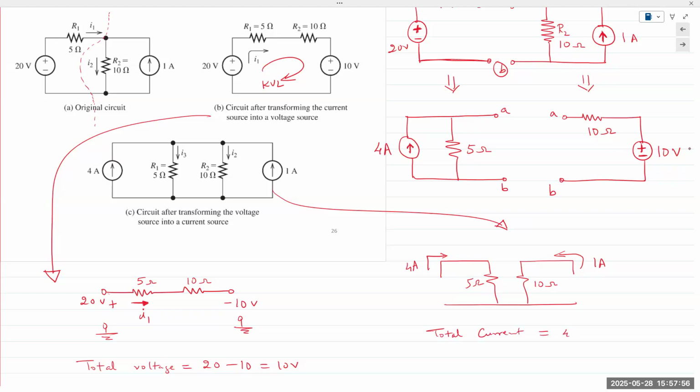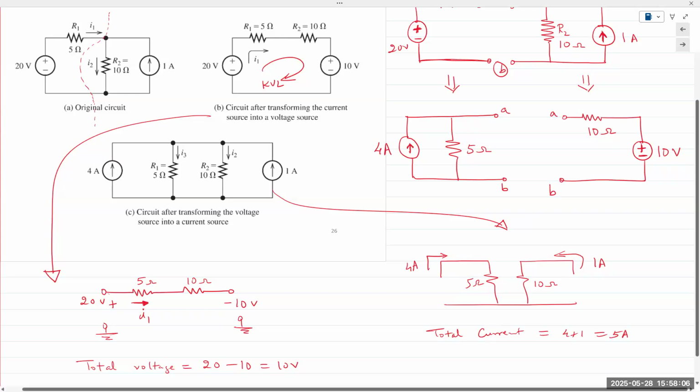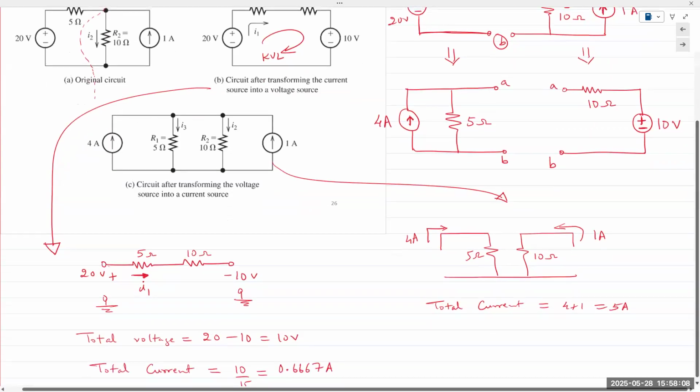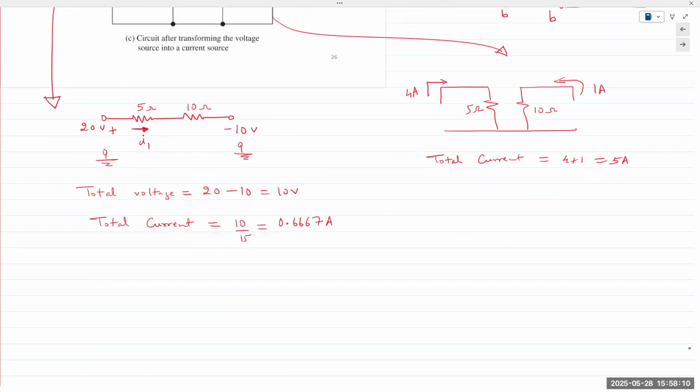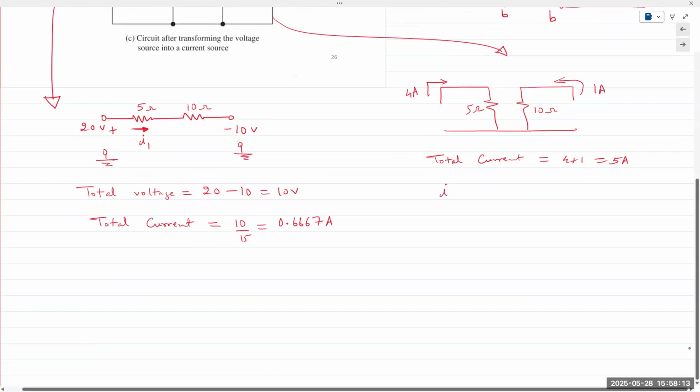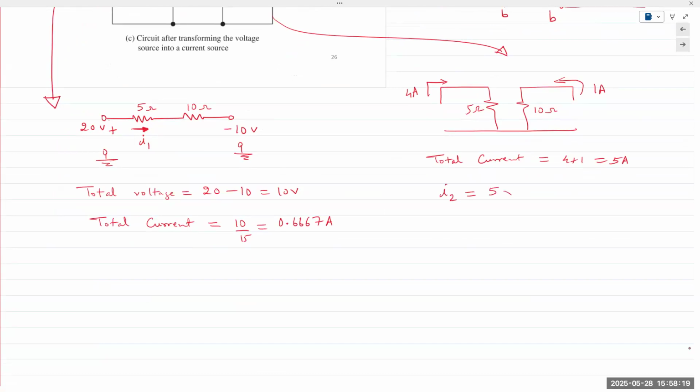The total current would be 4 plus 1, 5 amps going in. And if 5 amps are going in, we can apply current division to directly determine the current flowing through the 10 ohm resistor. So I2 in this case would be a fraction of 5.